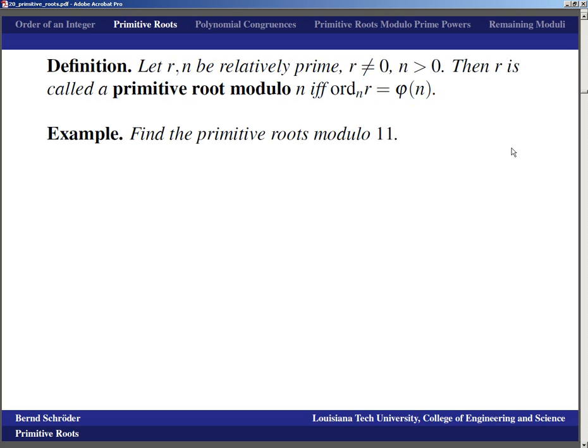We already know that the order must divide phi of n, so that's the largest the order can be. As an example, if we're looking for the primitive roots modulo 11, I've already shown you how I do this by counting on my fingers, so you can count with me. Phi of 11 is equal to 10.